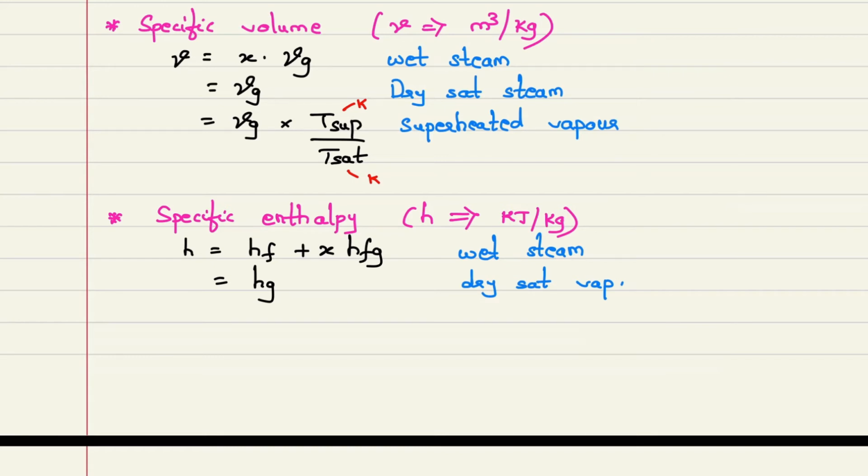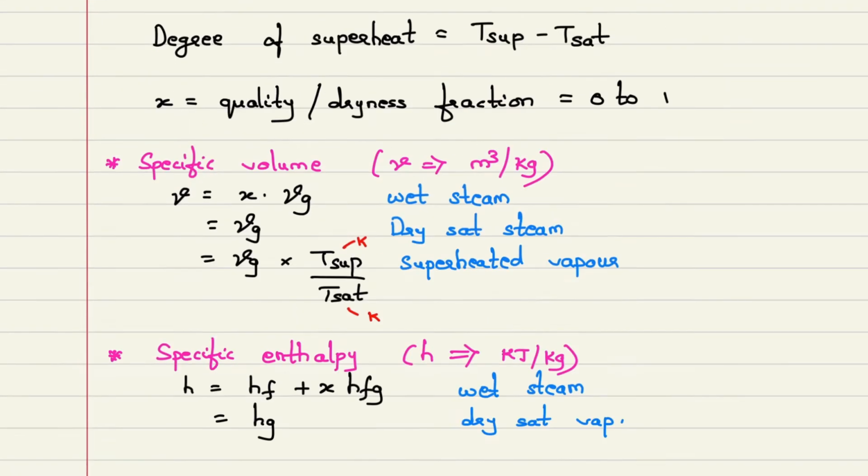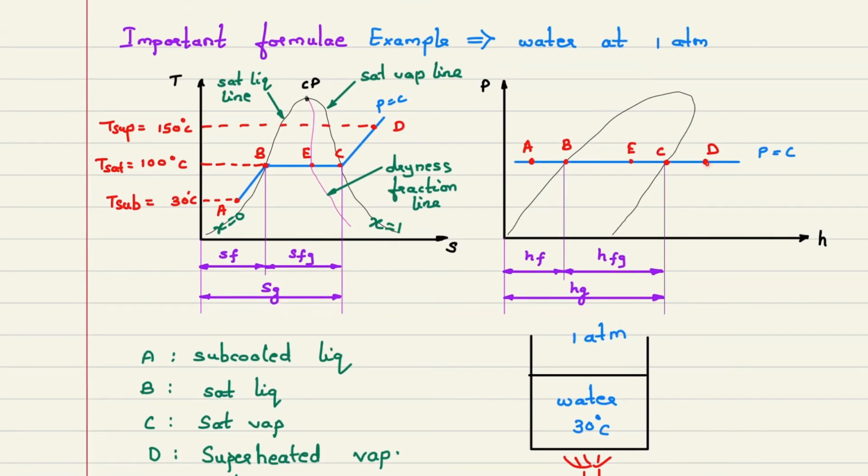Then next we will consider superheated, which is point D. Up to point C we take Hg, and this much more we have to take, so it will be Hg plus Cp of vapor into T sup minus Tsat. The basis of this is the formula for ideal gas: specific enthalpy is Cp into delta T. That is why we take Cp of vapor here, because this is superheated, so there will be vapor.